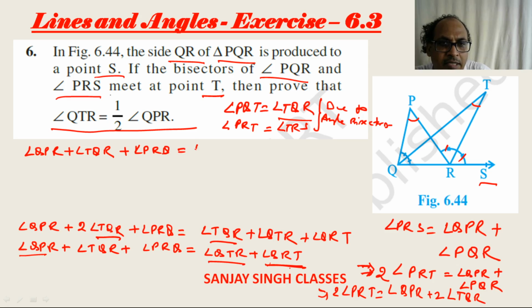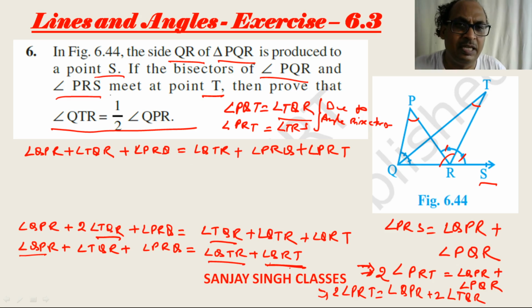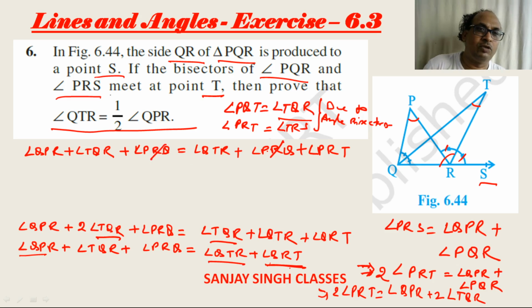Then angle QTR plus QRT. This QRT I am going to divide as angle PRQ plus angle PRT. So this angle PRQ and this angle PRQ have cancelled. Now left with angle PRT, which we have already found. We will put the value.